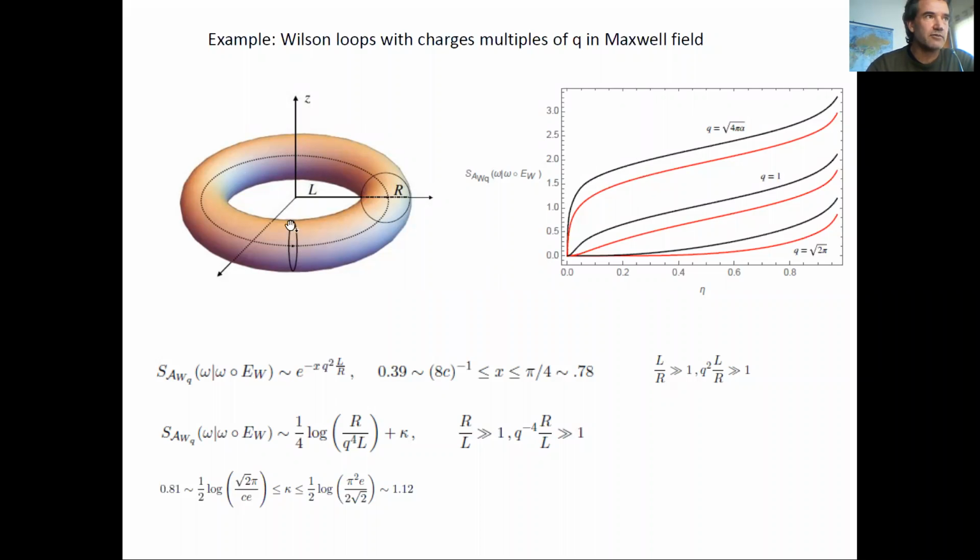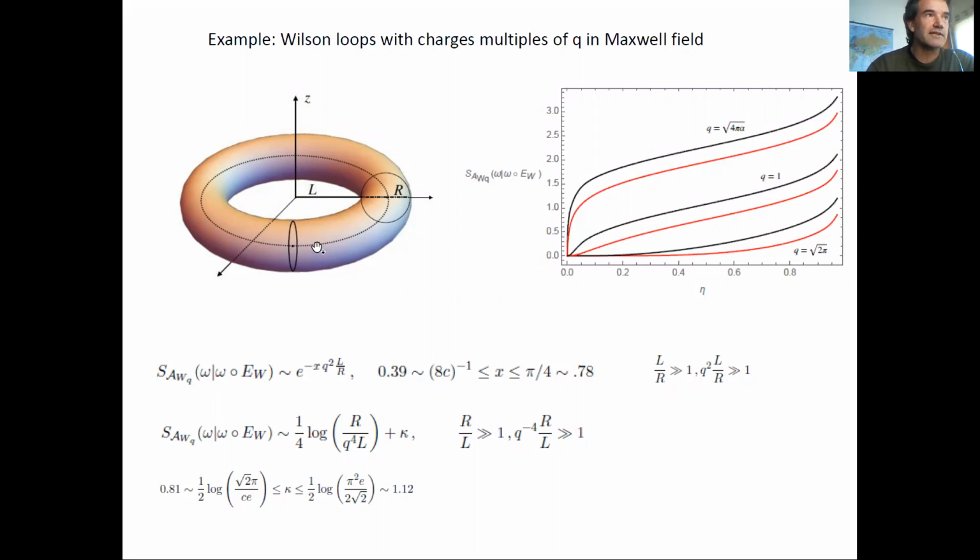You can see that when the ring is very thin, the relative entropy goes exponentially fast to 0 in the length of the ring. This is a perimeter law, let's say, and you can compute more or less accurately the coefficient there.